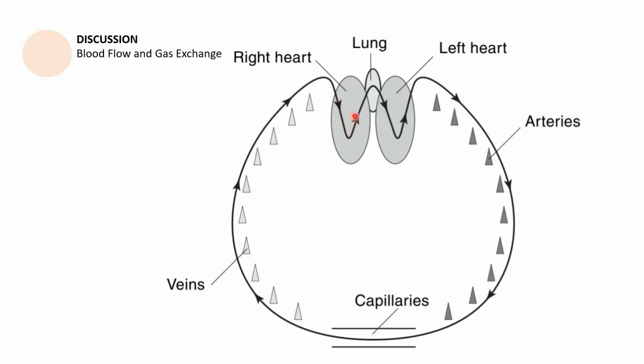And then it's going to be pumped towards the lungs, and then the carbon dioxide that the blood is carrying is going to be exhaled outside, and then in turn oxygen is going to be inserted again into the body, and then the process goes on. Ayun. So that is how blood flow and gas exchange is related.